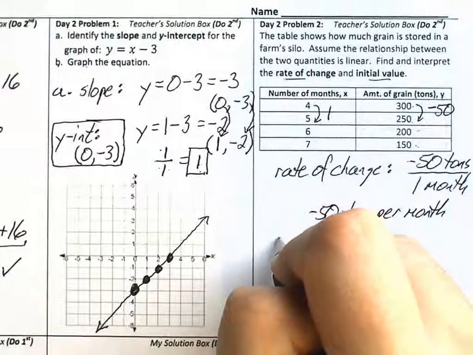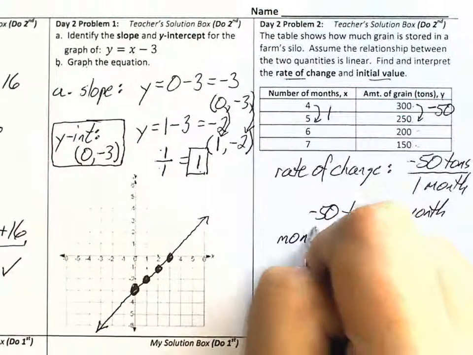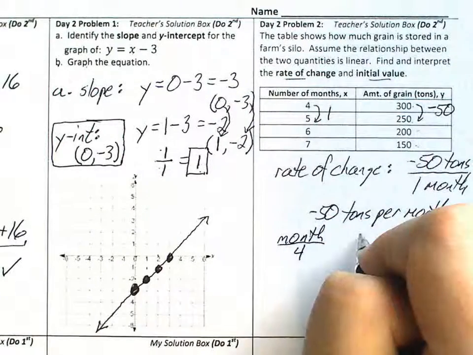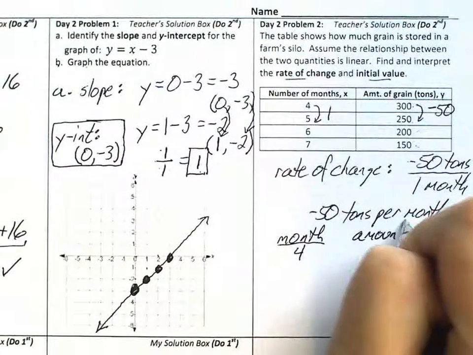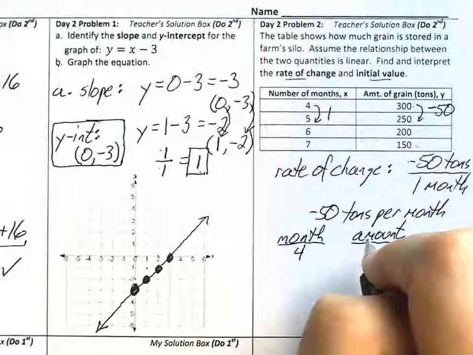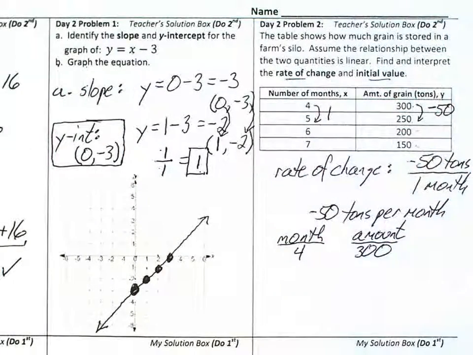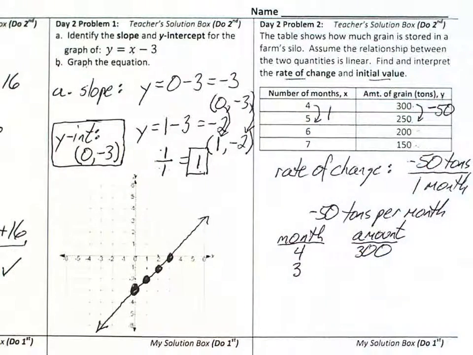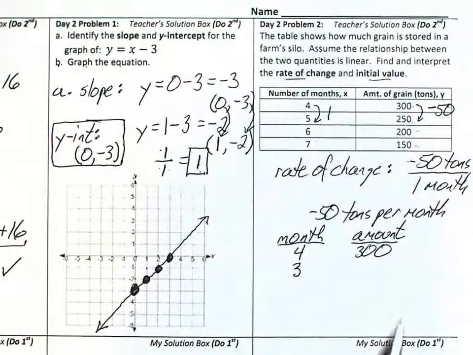Okay, so let's start with the row of the table that we know. After 4 months, the amount is 300 tons. But how much grain was in the silo after 3 months? And to find this, we're going to work backwards.